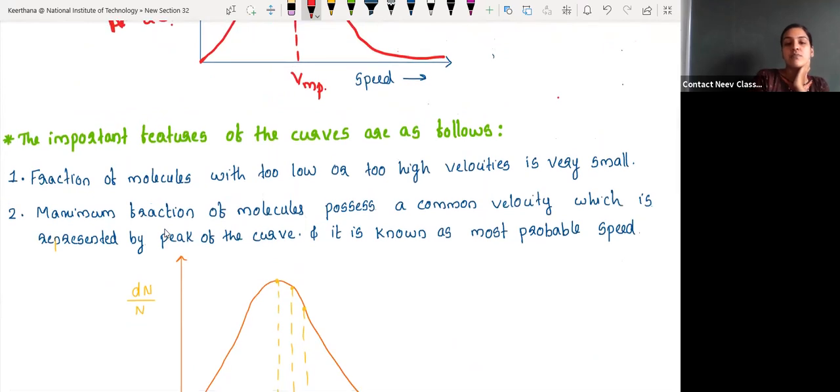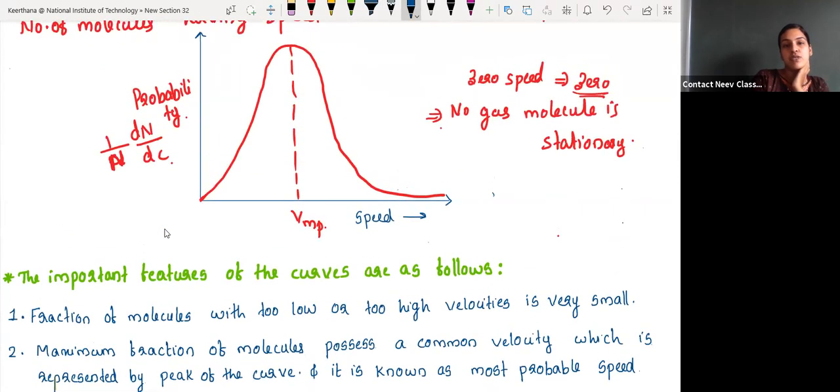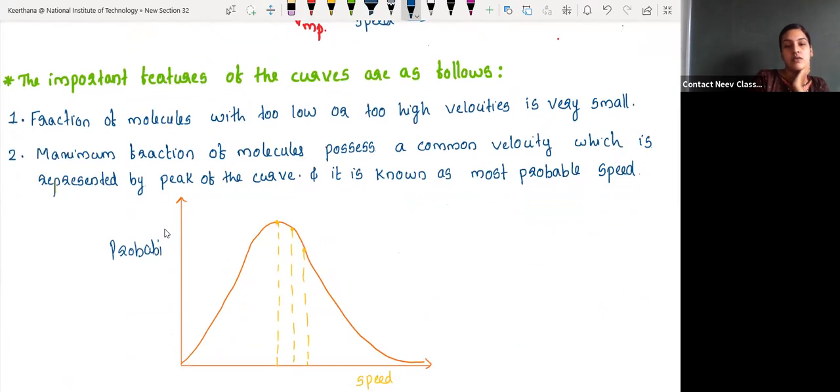The next one is that the maximum fraction of molecules possess a common velocity, which is represented by the peak of the curve, and it is known as the most probable speed.